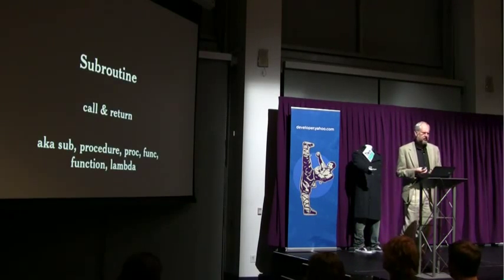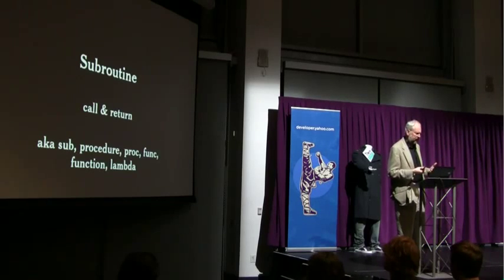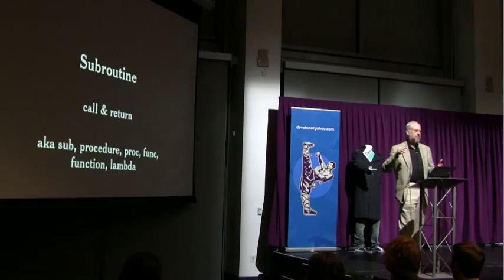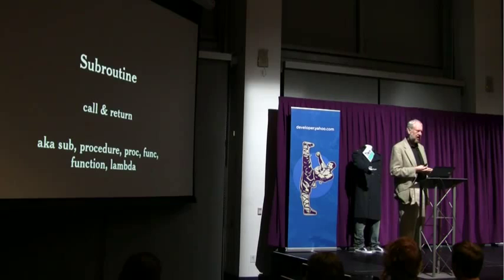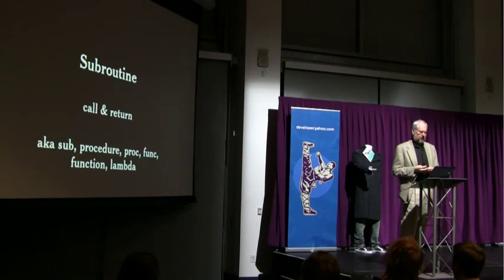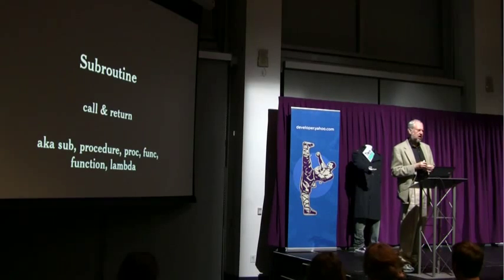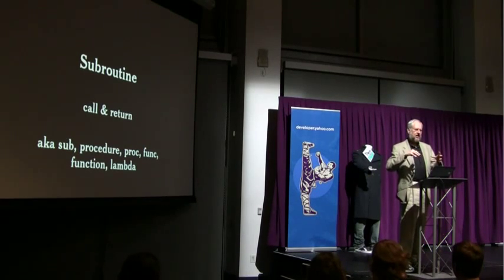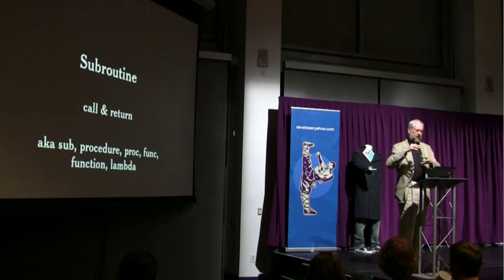So where did functions come from? Well, originally there was something called the subroutine. The subroutine began life back in the assembly language era, where you'd want to be able to define your own opcodes, and you could take a bunch of instructions that you use frequently and create a pseudo-op and call it.